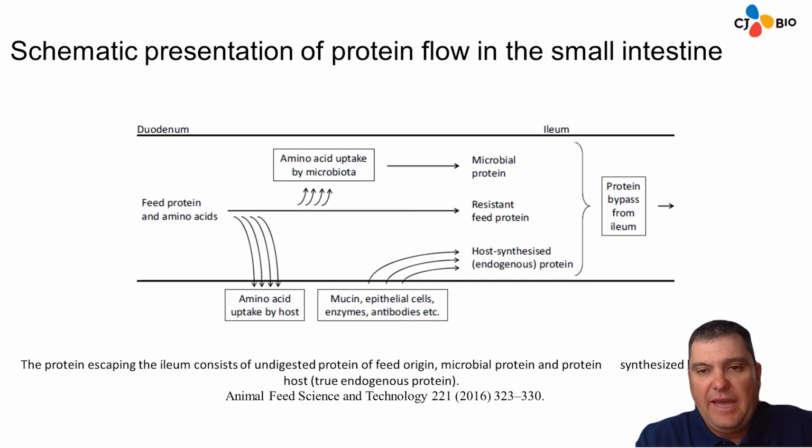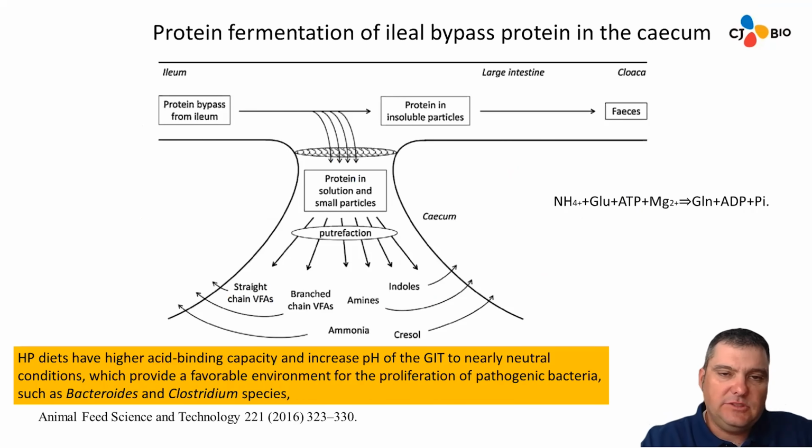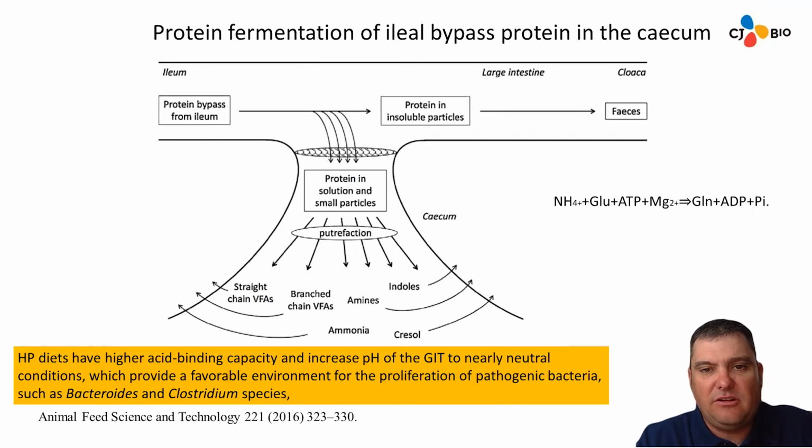Then on the back end, you will have microbial protein that is secreted, resistant feed protein that is undigested protein from the feed, and then host synthesized endogenous protein. All of these three combined will represent our protein bypass from the ileum into the caecum, or the large intestine. So here our protein bypass enters our large intestine.